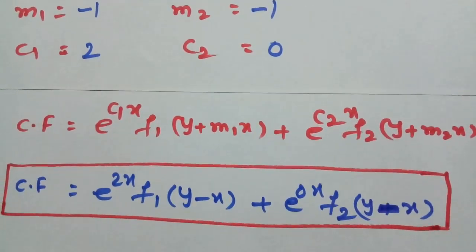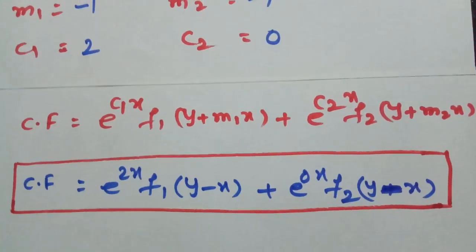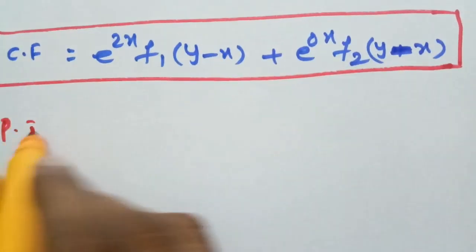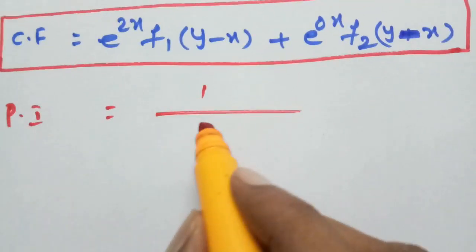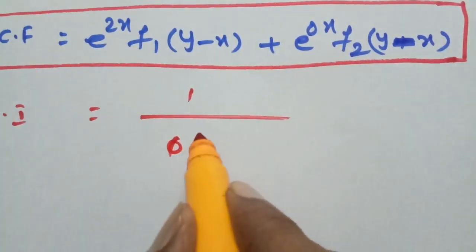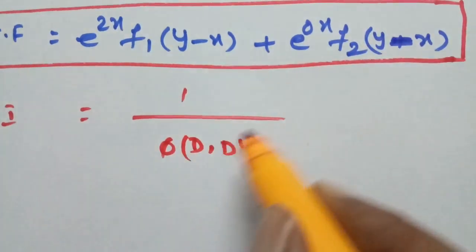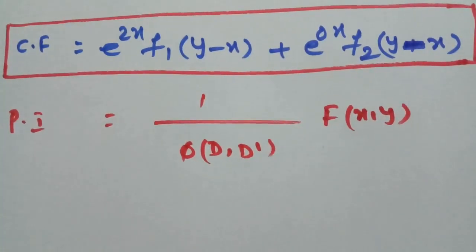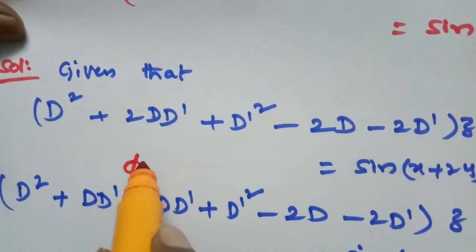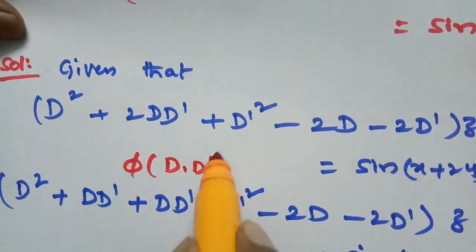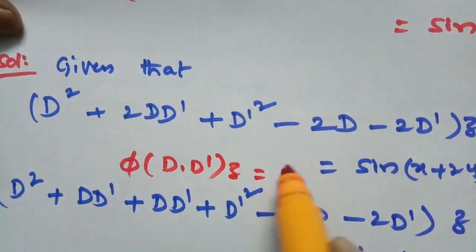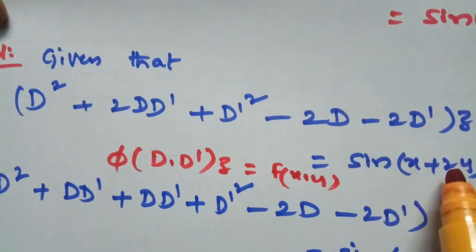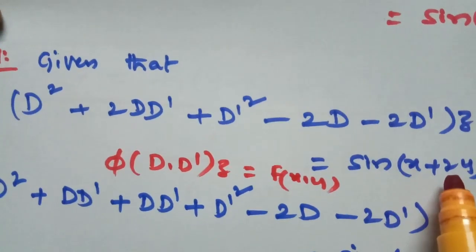Now to find the particular integral, PI is equal to 1 by phi of D D dash into f of x comma y. Here phi of D D dash into z is equal to f of x comma y. This is phi of D D dash. This is f of x comma y.